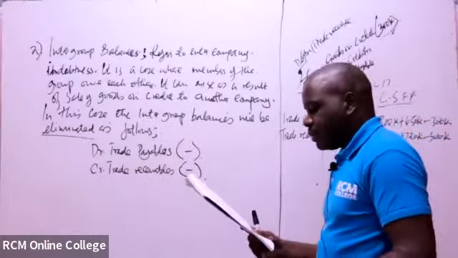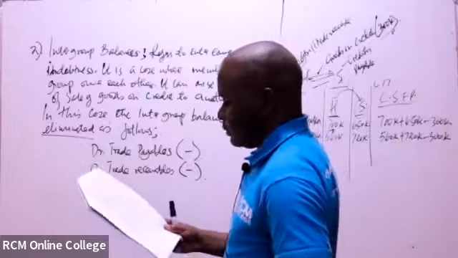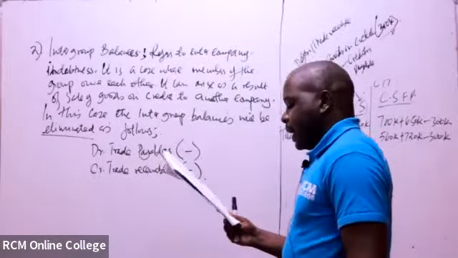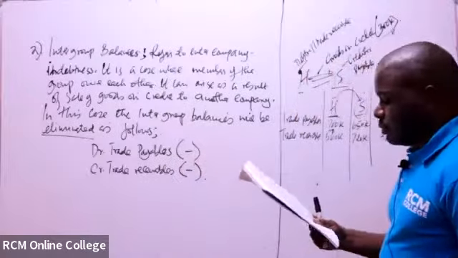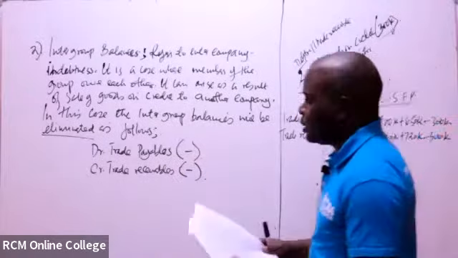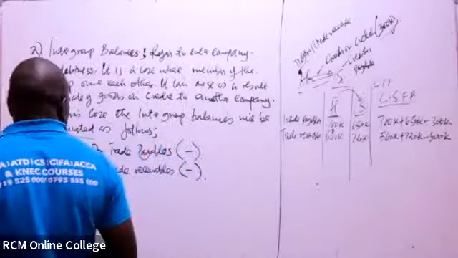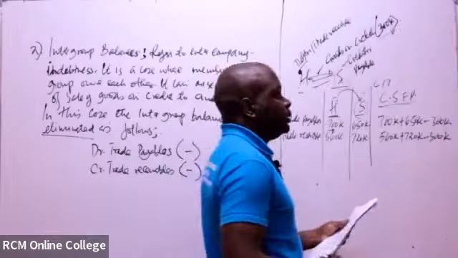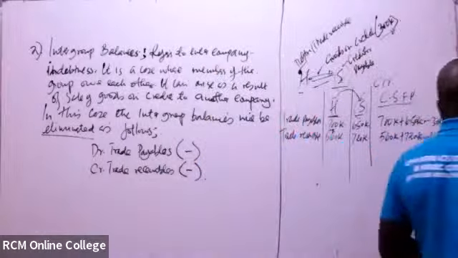So before eliminating the intergroup balances, full stop, then you will say the following entries will be passed.